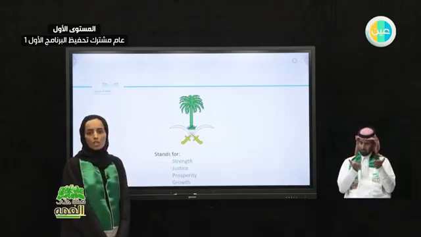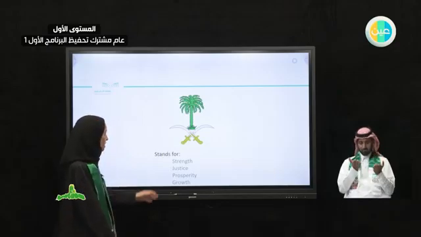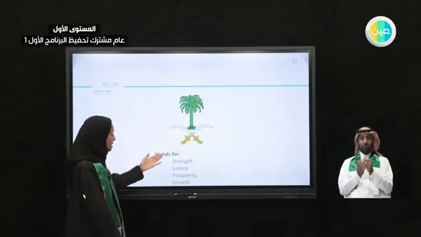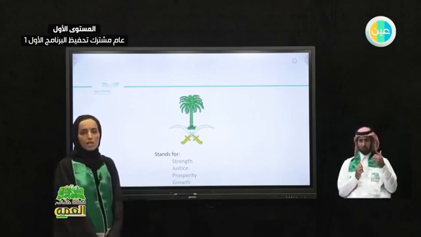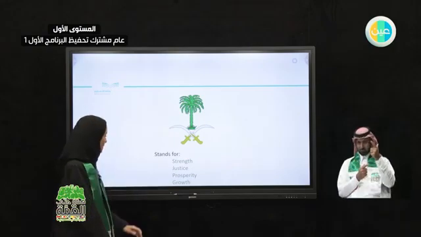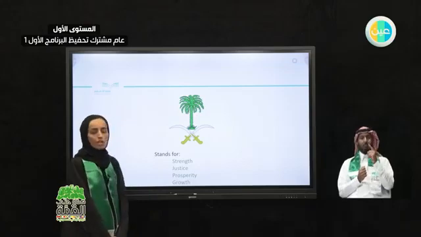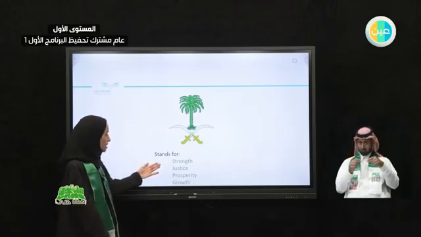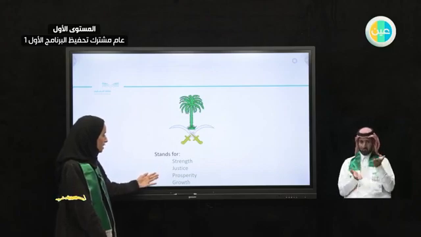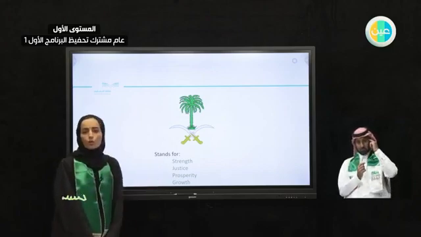The palm tree stands for prosperity, which is wealth and richness, and we have growth. So it symbolizes strength, justice, prosperity, and growth.